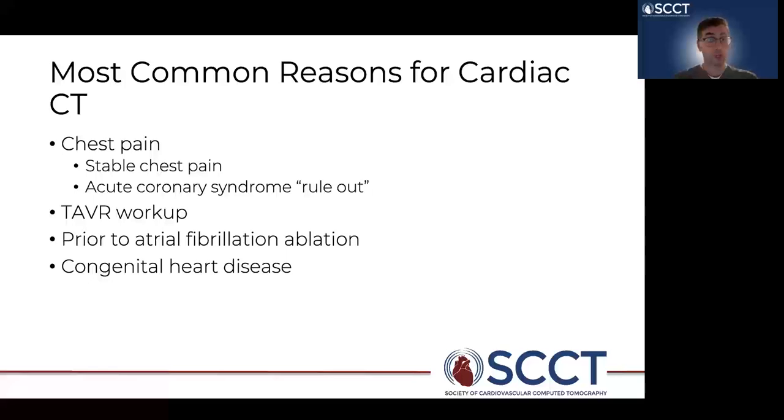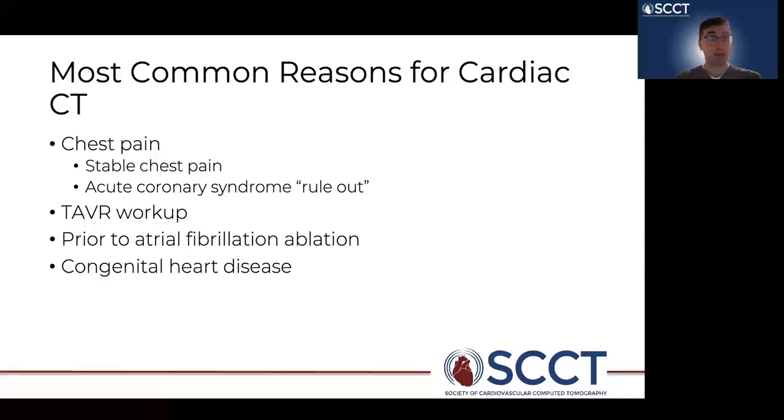Another option is for a TAVR workup. TAVR is a percutaneous aortic valve replacement, usually transfemoral, but there are other access sites as well. And for this procedure, the interventional cardiologist will almost always want a cardiac CT for several reasons. One is to size the aortic annulus to make sure that they're picking the biggest valve that's safely possible.